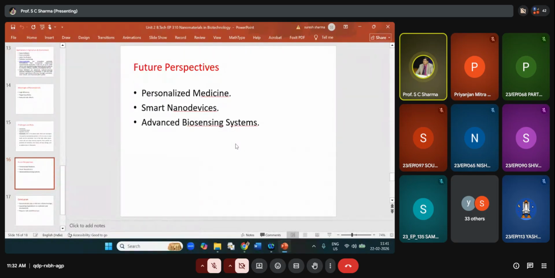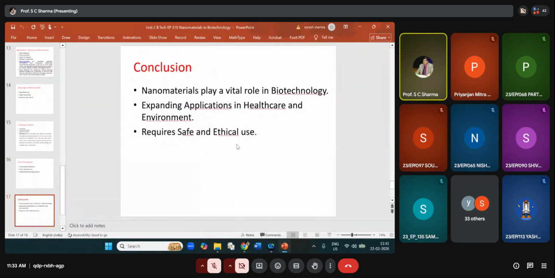Advanced biosensing systems can detect any signal even from a distant object. Nanomaterials play a vital role in biotechnology, expanding application in healthcare and environment, requiring safe and ethical usage.